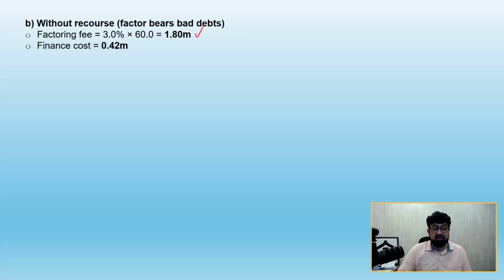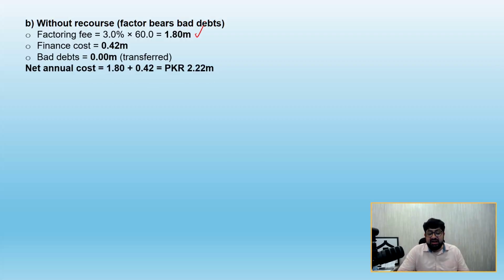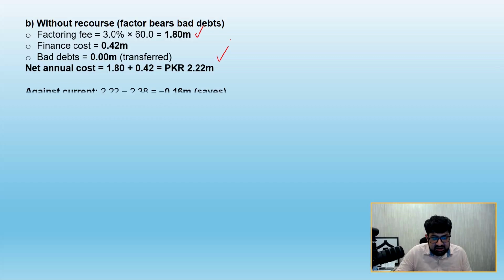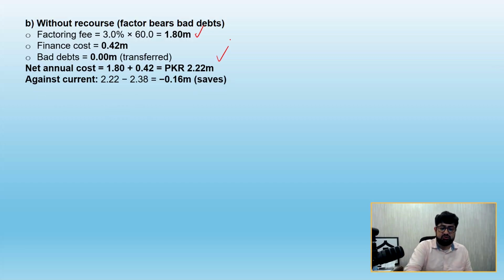The second is finance cost, 0.42 million, which is the same. Zero bad debt; bad debts are the responsibility of the factor. Now, the net annual cost is 2.2 million. What is the current cost? Current cost was 2.38 before factoring. So the cost with this factor is 2.2. Saving, cost saved, 0.16 million.